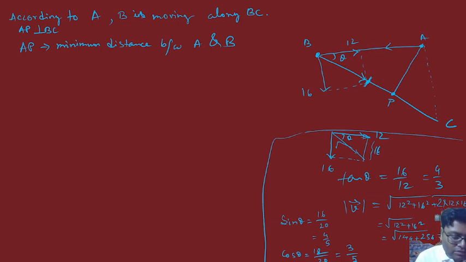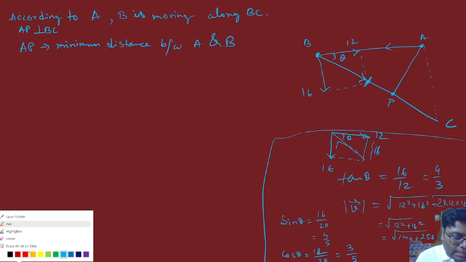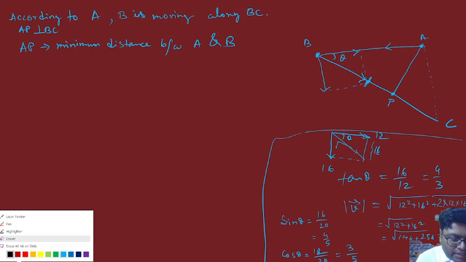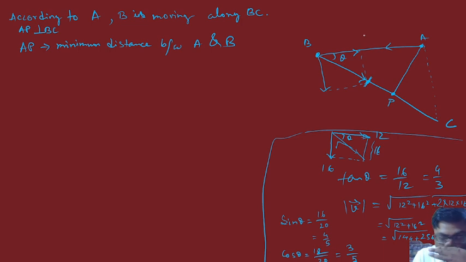Now according to this context, what is the distance between A and B at the beginning? That is 40. At the beginning the distance between them was 40 kilometers. Now this is theta, so what will be the value of AP?